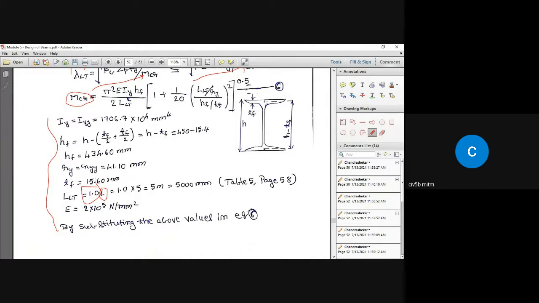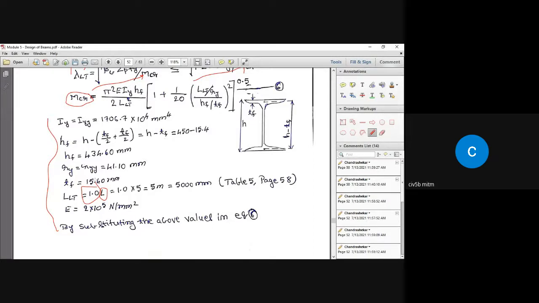Under normal, what I have done is, partially restrained by bottom flange, supported connection, that is torsion fully restrained, warping not restrained in both flanges. As a result, the effective length LLT is going to be 1.0 L, where L is the span.